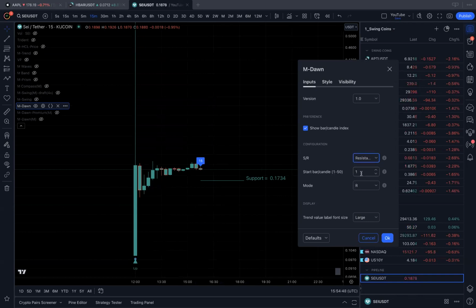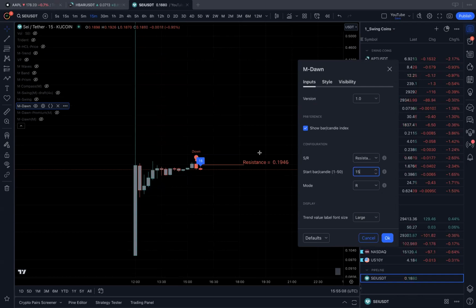It's very simple in that case. The resistance, in that case, I have to set to number 15, which is, let's say, the recent high, and it will give you the number. Right now it always calculates something, but you don't need to use it because it's still going up.